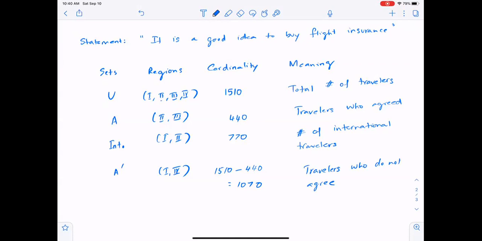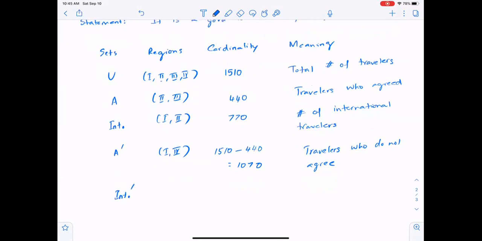We're just going to the opposite of A. But then we are just talking about travelers. We're not specifically talking about international travelers. So that would include both domestic and international travelers.